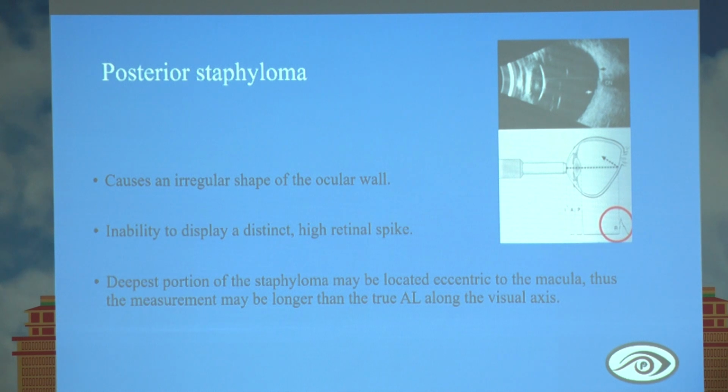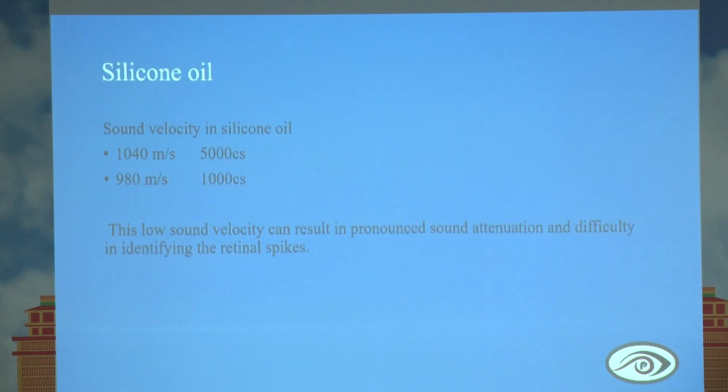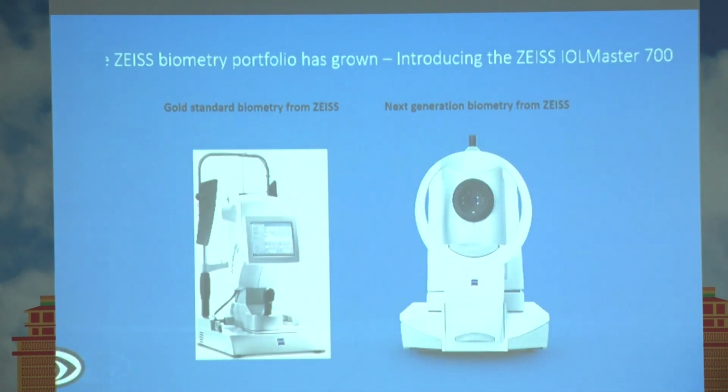Coming to posterior staphyloma, it causes an irregular shape of the ocular wall, so you may find it a little difficult to get the axial length exactly. Coming to silicone oil, the low sound velocity can result in pronounced sound attenuation, and sometimes you may find it very difficult to find a retinal spike.